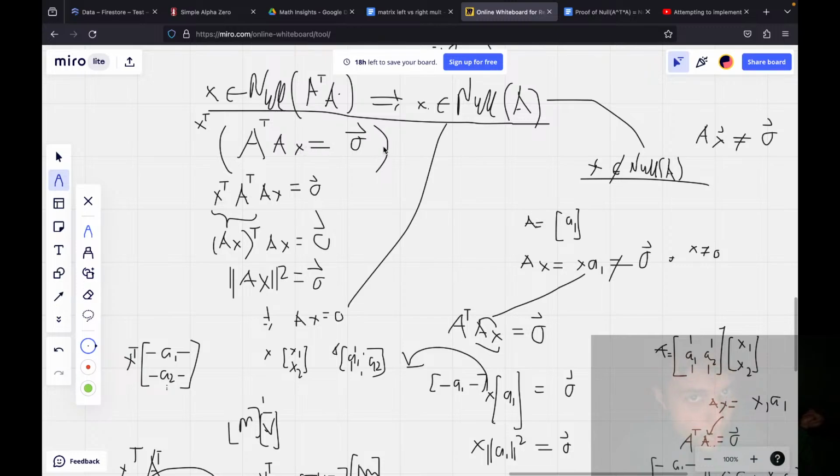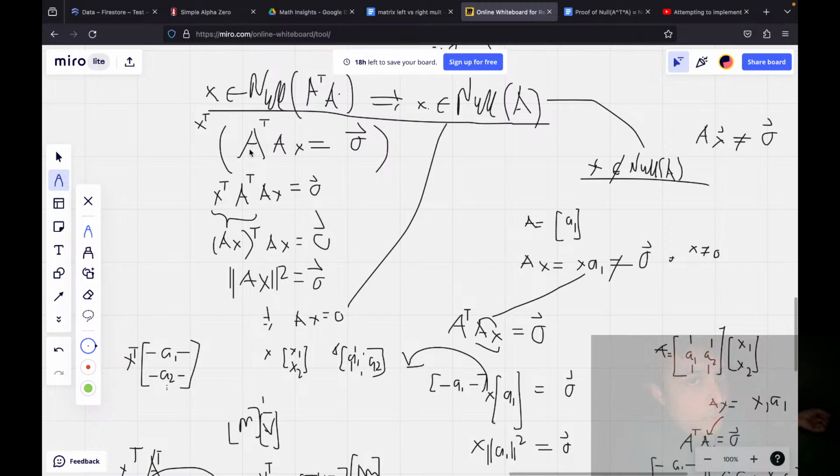But Ax is in the null space of A^T, because A^T Ax is 0, which means Ax cannot be in the row space of A^T. But what is the row space of A^T? The row space of A^T is the column space of A, untransposed.